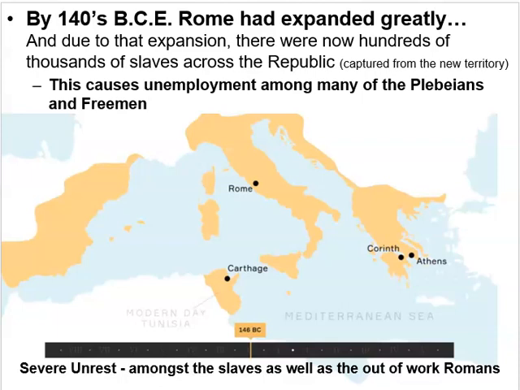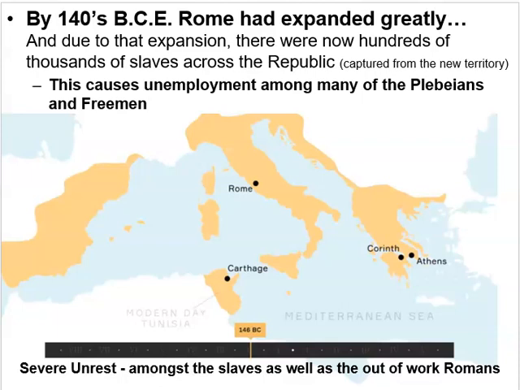This causes massive unemployment among the plebeian people, the main working class of the Romans, as well as the freemen, which are another working-class group, but ones that aren't necessarily able to have any voting rights or any kind of Latin rights, right?